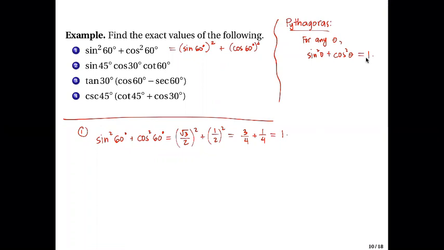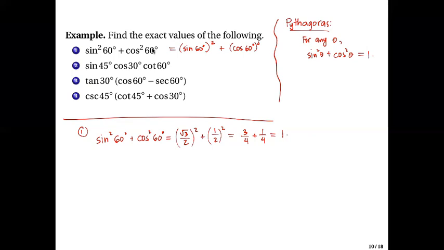So in this case, you have 60 degrees here and 60 degrees also here, so this is equal to 1. Keep in mind, if they have different angles or different numbers, it's possibly not equal to 1. In fact, most of the time, not equal to 1.